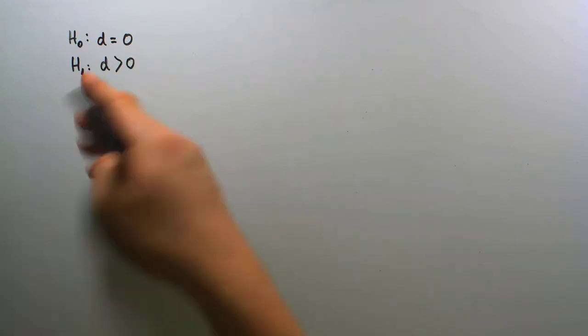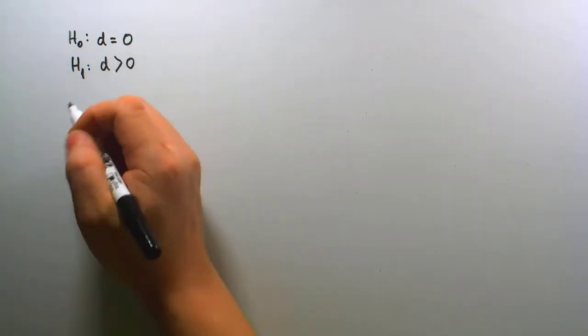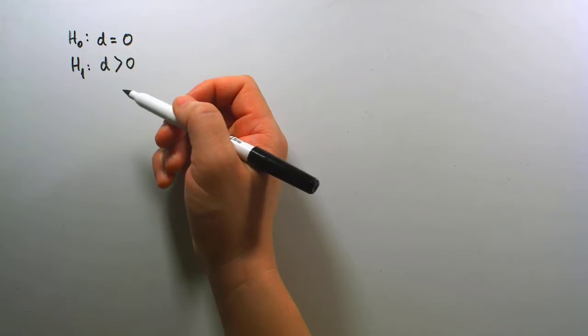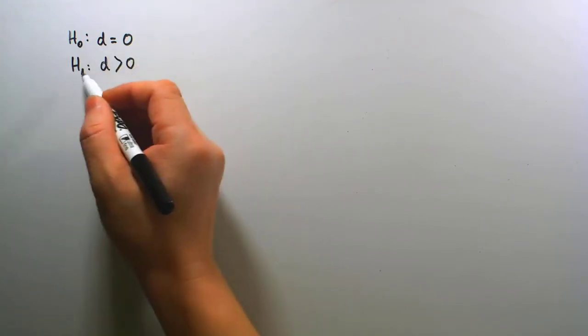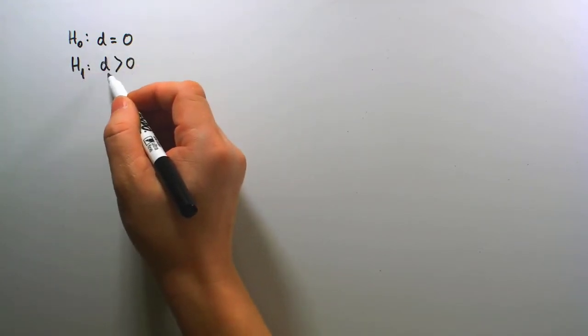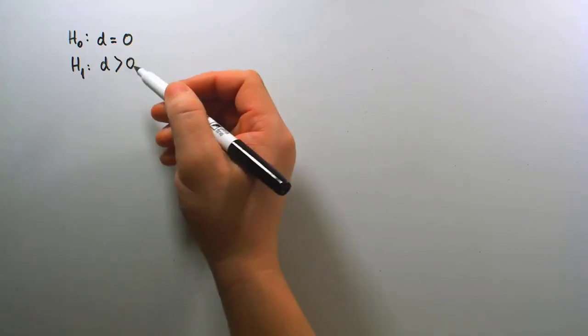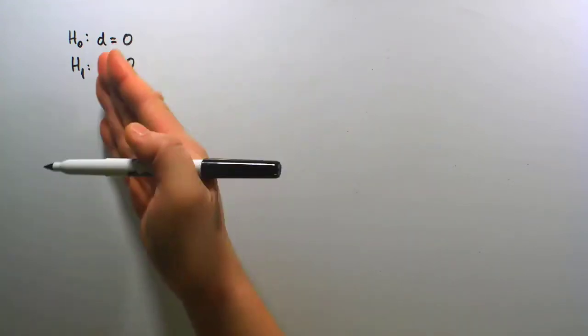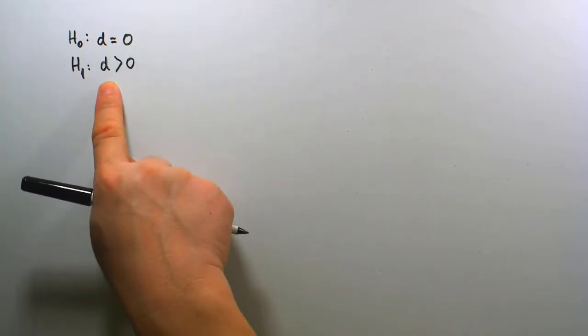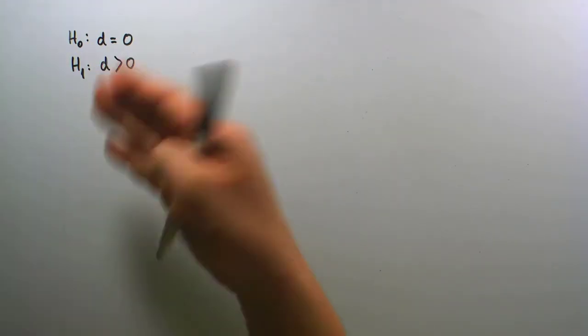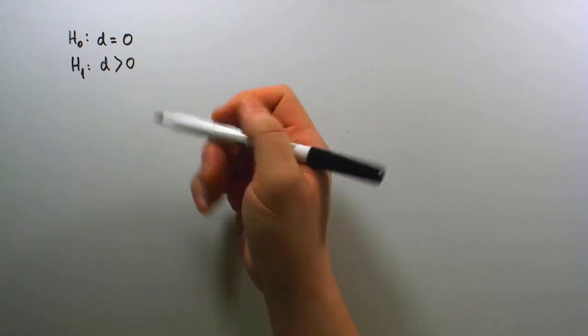But that was all we had. D bar was strong evidence to support H1, saying that D is positive. But in the end, we still don't know how far this D value is above 0. Is it only a small amount, like 0.5, or a larger amount, like 5.5, or something else?